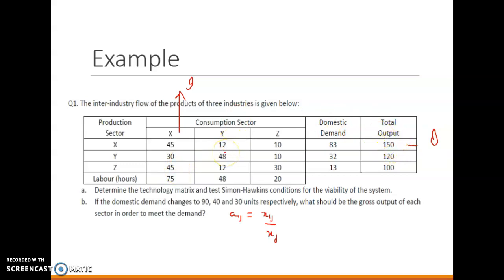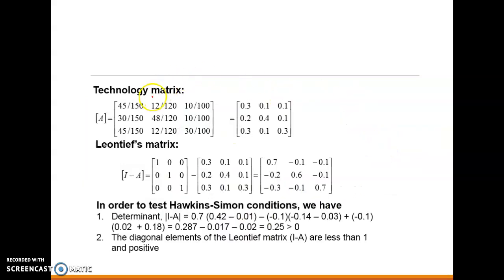You can also understand that for industry X, these are the inputs and this is the total output. So all the inputs of X will be divided by the total output of X. So the first column is 45 divided by 150, 30 divided by 150 and 45 divided by 150.